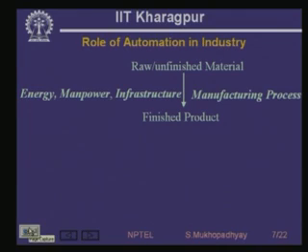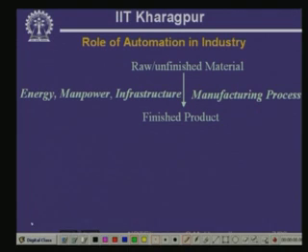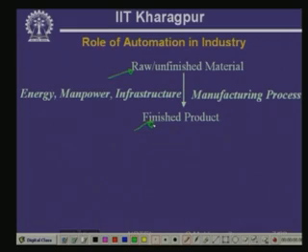So, let us first try to understand, since automation is for the factory, what basically a factory does. A factory essentially starts with raw or unfinished material. It could be raw material. For example, in an iron and steel factory, you start with iron ore, that is your raw material, and you produce a finished product, which in this case is steel.